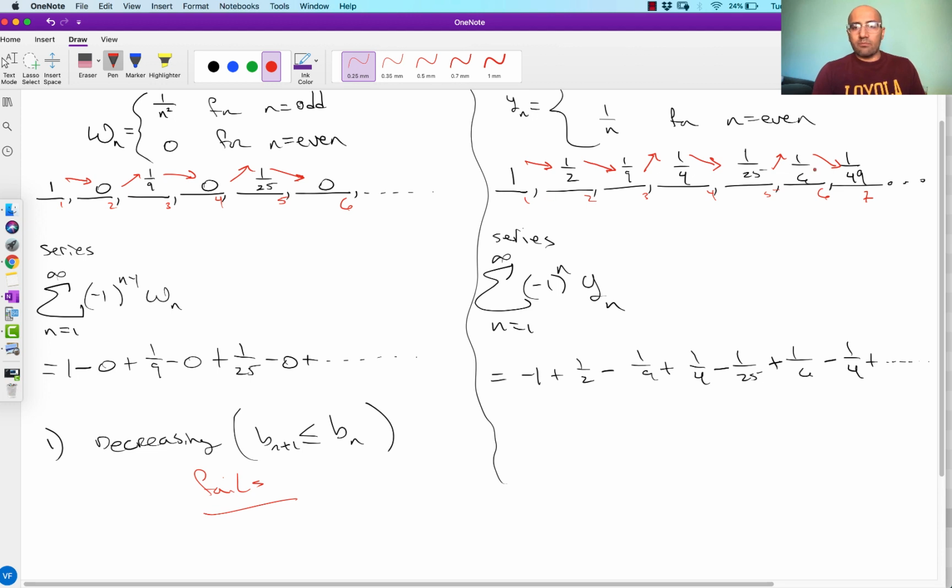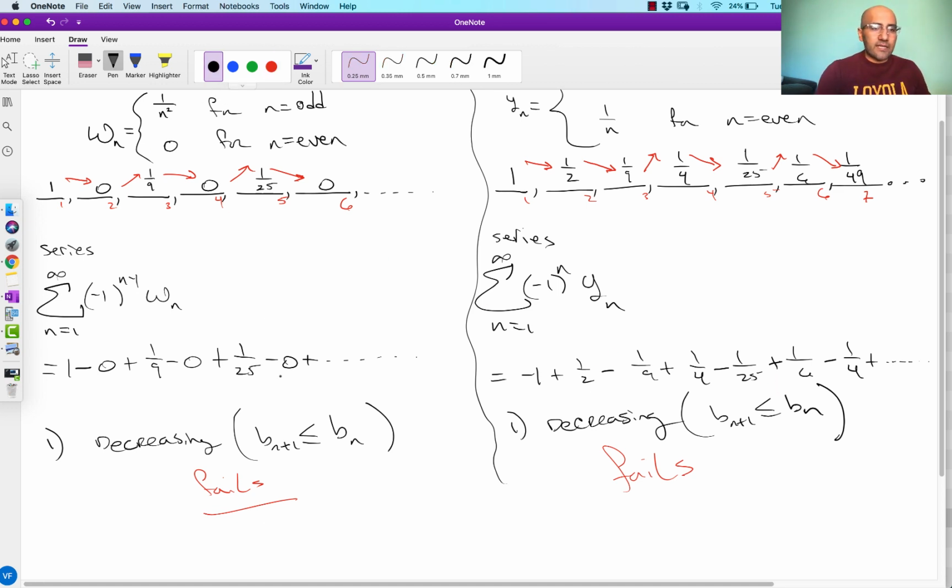So again, it's pretty obvious that it fails. Decreasing, in other words, b sub n plus 1 less than or equal to b sub n. This one also fails that. It's not monotonically decreasing.